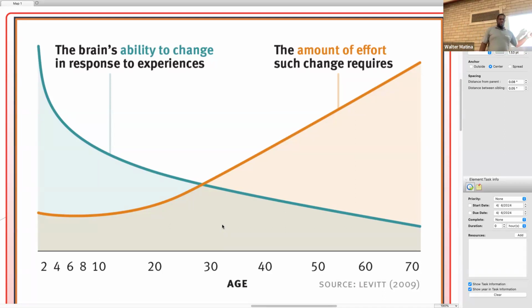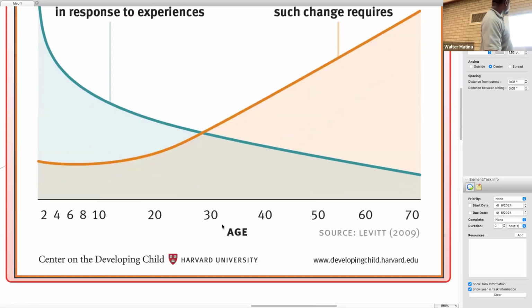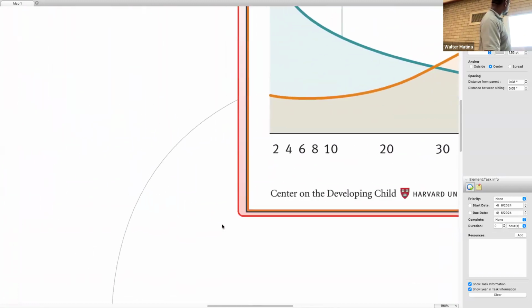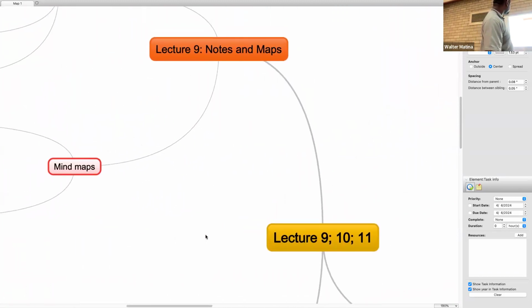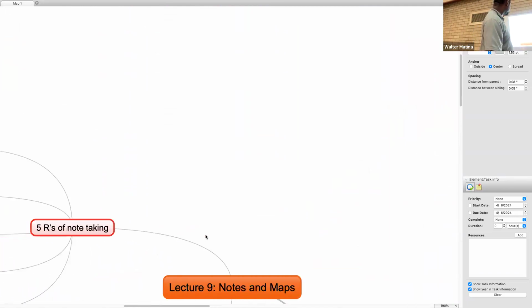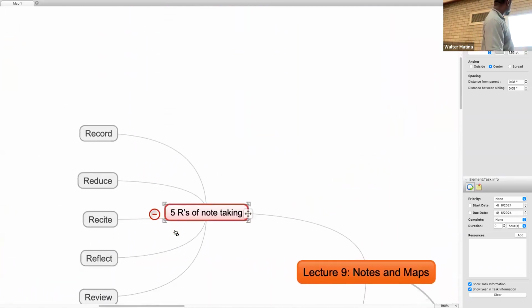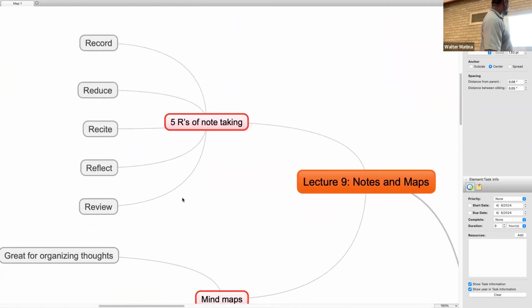So we have to look at techniques of how to read and how to write notes, which is the reason why we come here to note-taking.